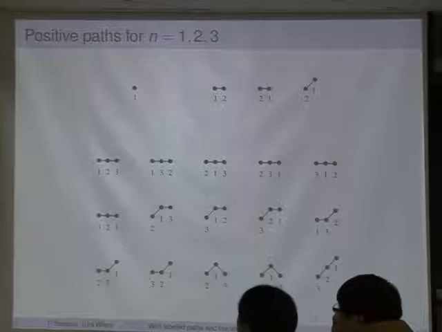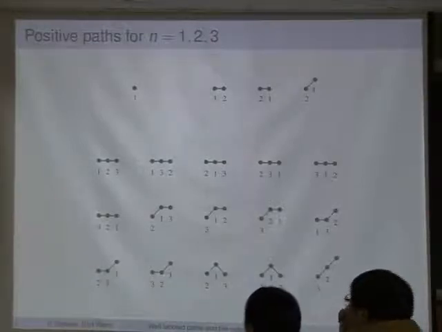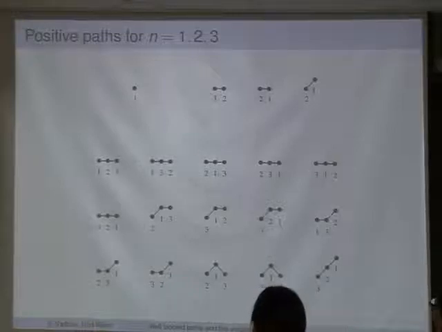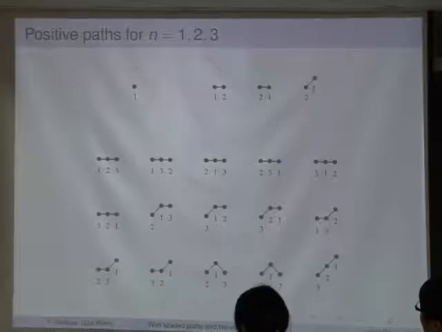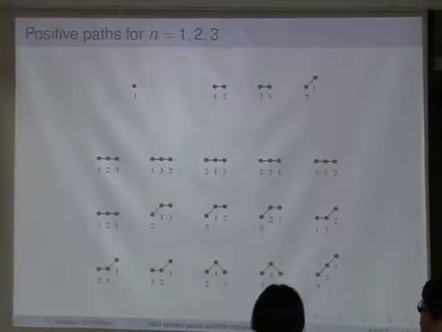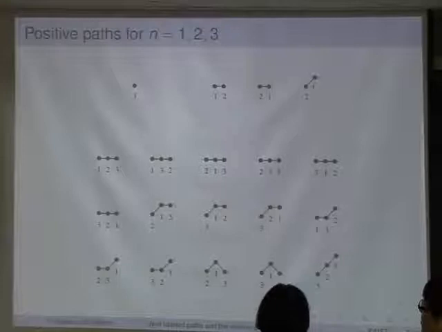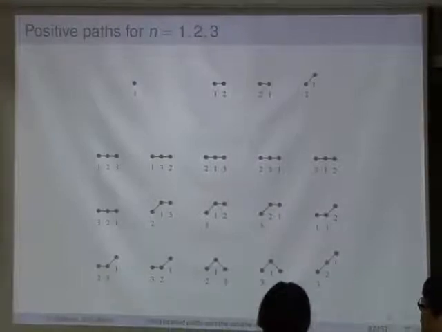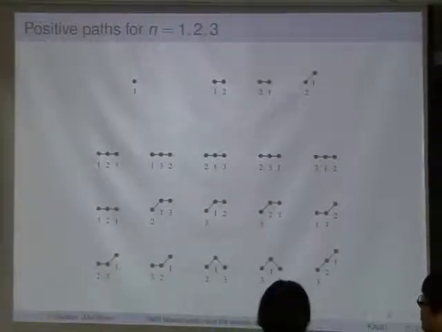You cannot do a down step, okay, because you have to stay above the horizontal axis. And then you can check that for n equals 3, you have these 6 ones where you have no condition, then these 3 ones, etc. So 1, 3, 3 times 5, 15, it works, but we will prove that it works in general.